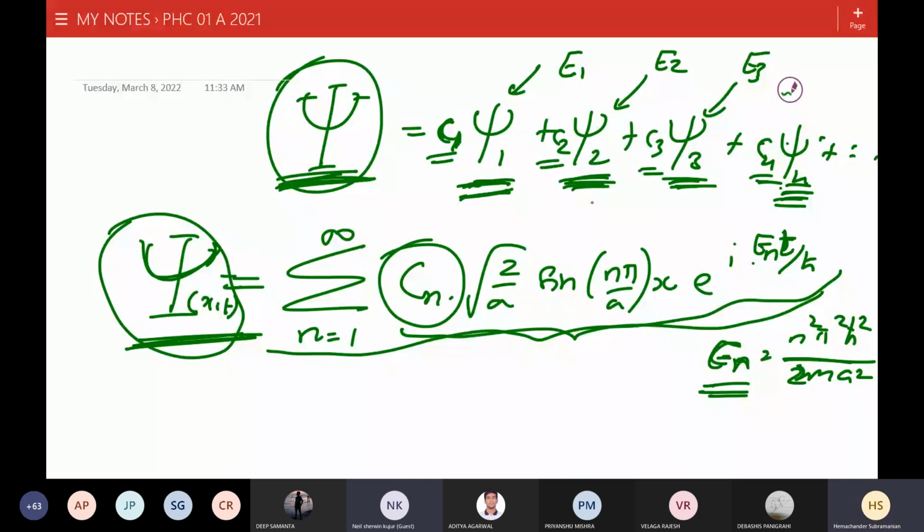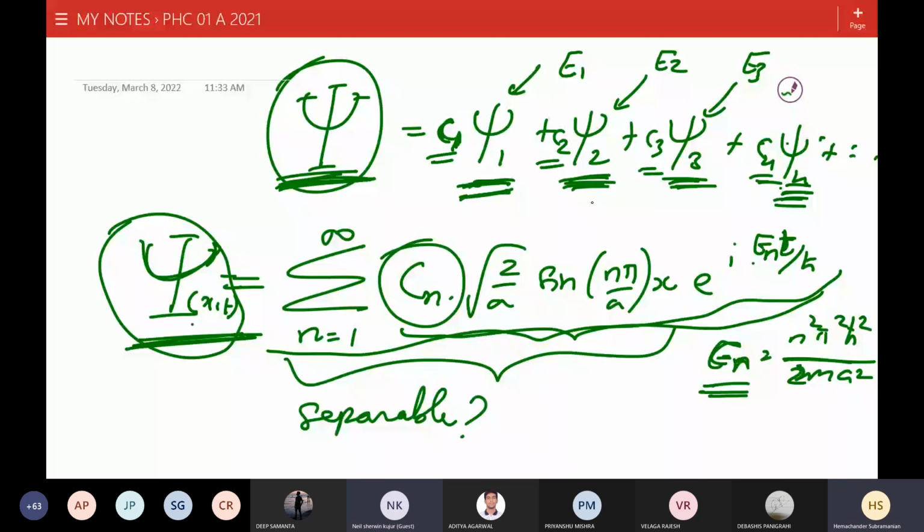Now let me ask you, is this solution, this psi n, separable? Can you separate this as some psi of x times phi of t?